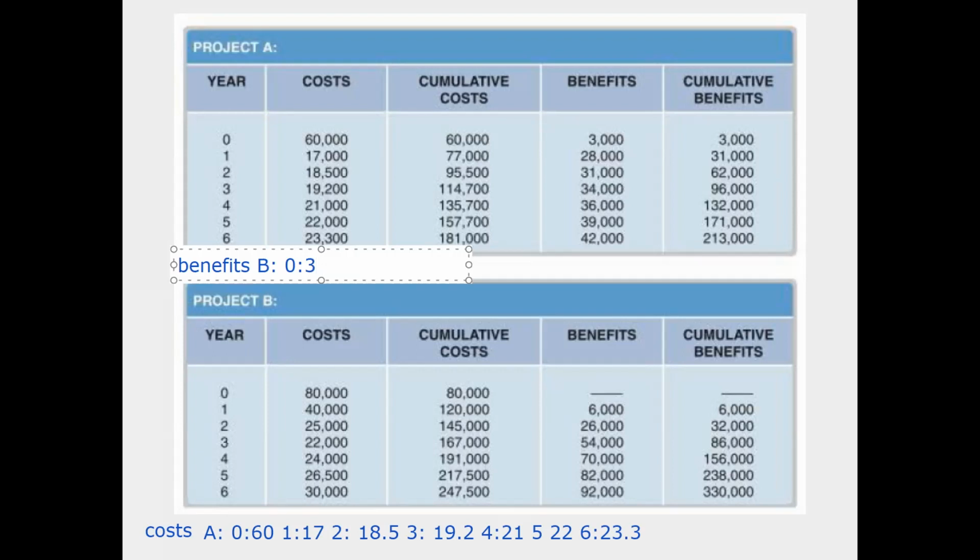And then the first year it's 28, second year it's 31, third year 34, and year four we have 36.